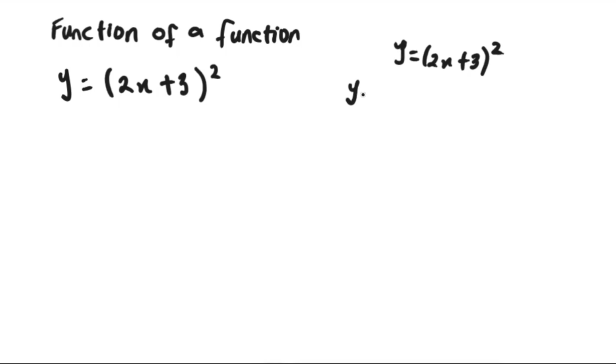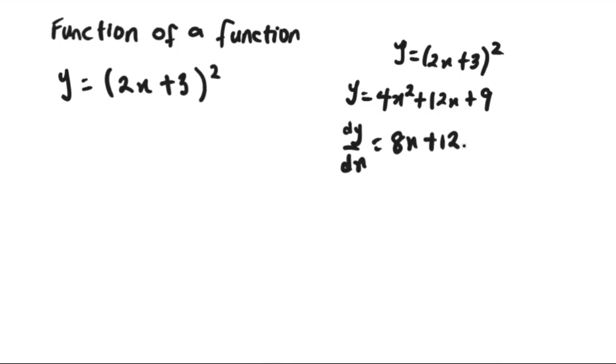Therefore, your y will give you 4x squared plus 12x plus 9 if you open the brackets. So if you say dy/dx here, this will give you 8x plus 12.